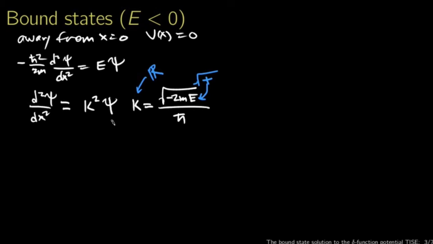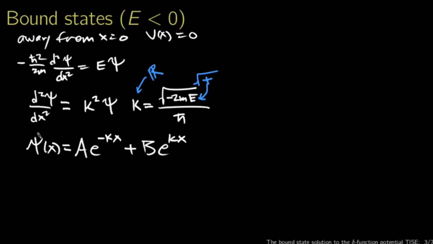Looking at our equation here, you can think: second derivative is giving me something squared times my wave function back. Well, I know what the solution to that sort of differential equation is. It's psi of x is equal to a e to the minus kx plus b e to the kx.